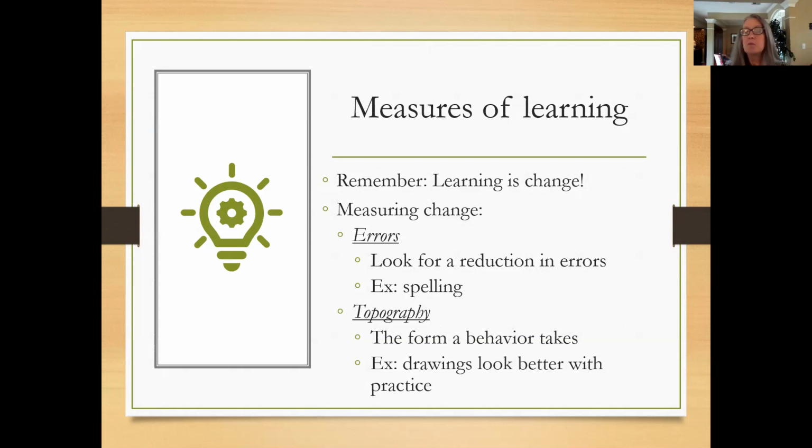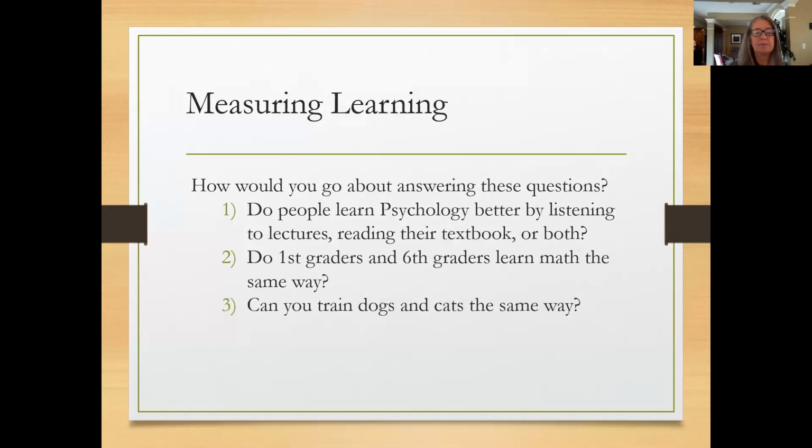Let's say the problem was 6 plus 1. You might see that the first graders take out coins, or something that they can touch, or they mark 6 dashes and then 1 more dash, and then they add them all up. You could see the approach that the 5th graders take is very different. So that would be topography, as your dependent variable.